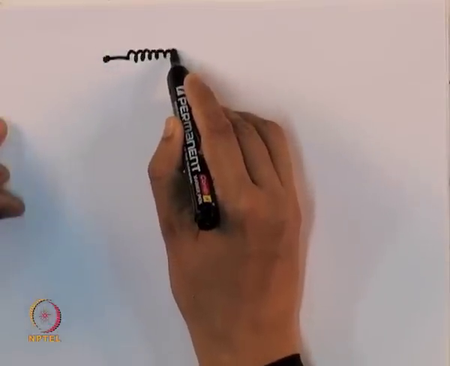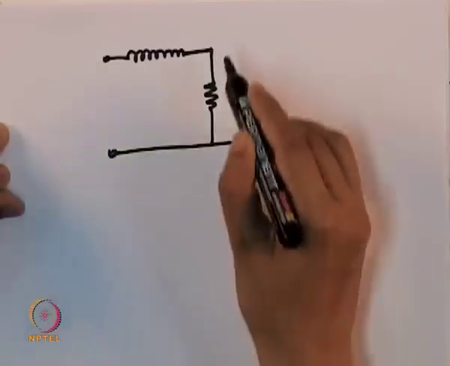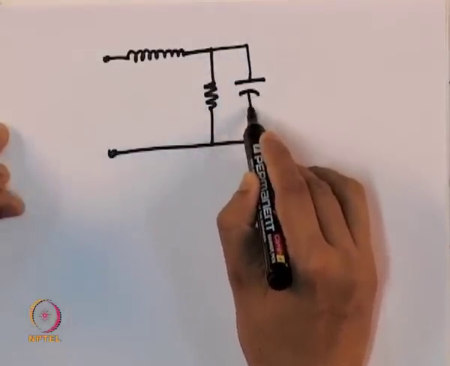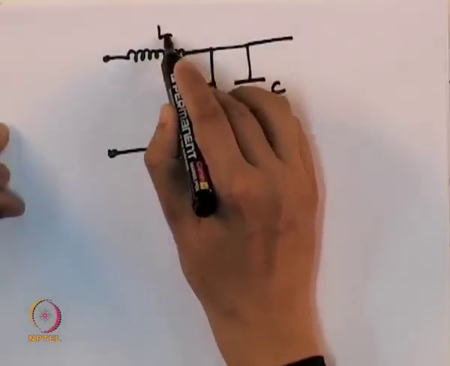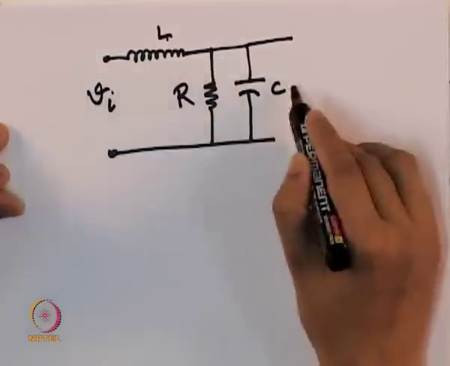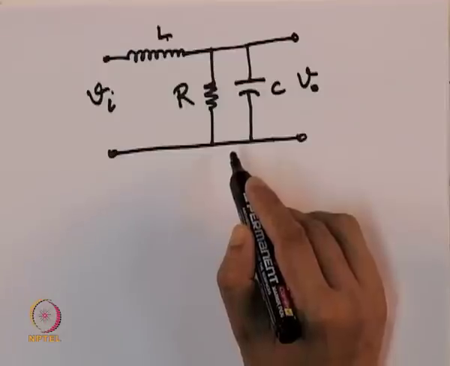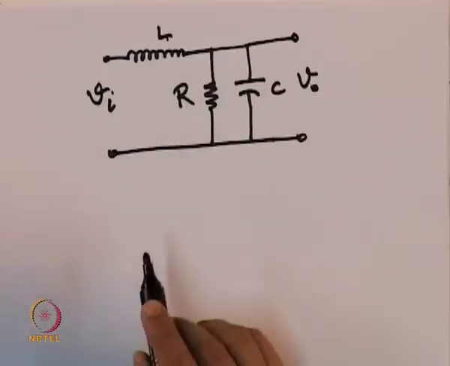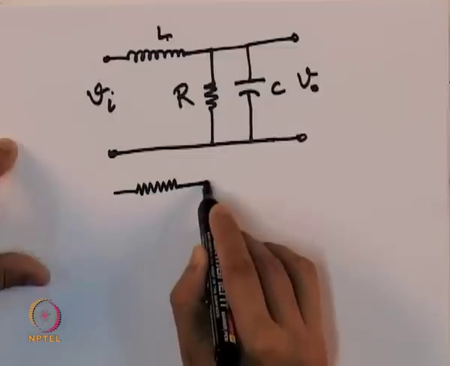For example, a second order low pass filter will be something like this, a band pass filter will be something like this.